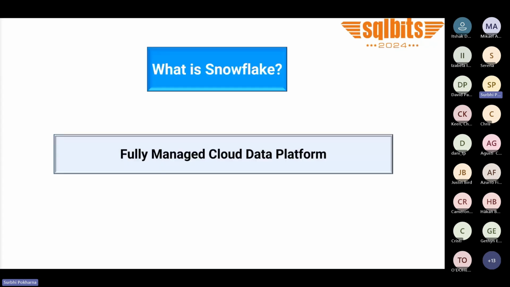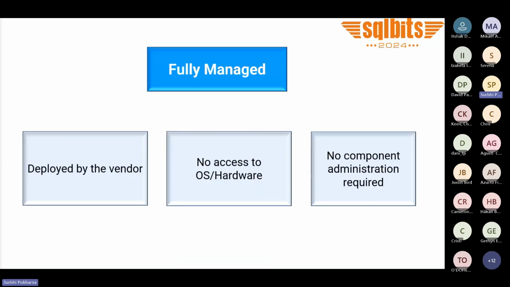So Snowflake, what is Snowflake? It's a fully managed cloud data platform. Fully managed means fully managed. It is deployed by the vendor, with no access to OS or hardware, and no component administration required. In SQL Server, you would get SQL Server deployed in the cloud or on-prem.